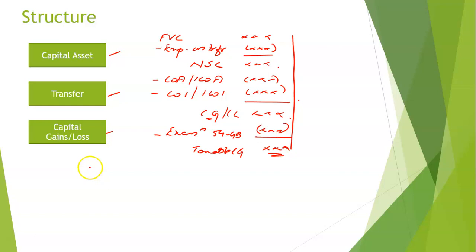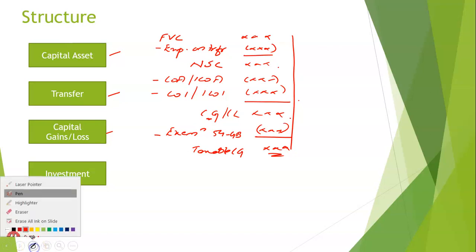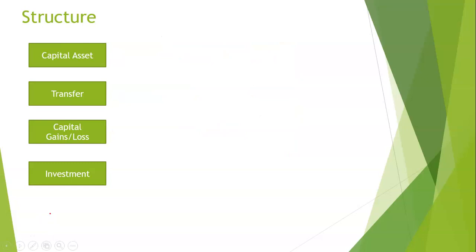The assessee has an option to make an investment with whatever capital gain is received. The investment option available is in the form of two parts. One is that, out of the capital gain received, the assessee can acquire a new capital asset.